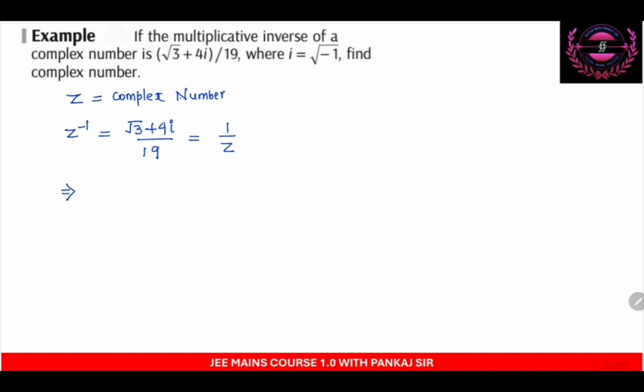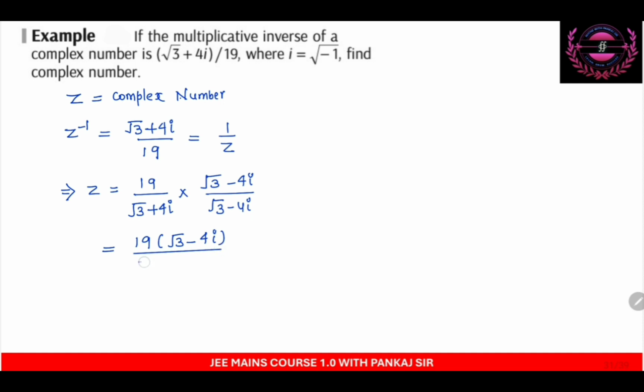Therefore z equals 19 upon (root 3 plus 4 iota). On rationalizing, we have to multiply and divide by root 3 minus 4 iota, and our numerator becomes 19 into (root 3 minus 4 iota) upon a square minus b square.